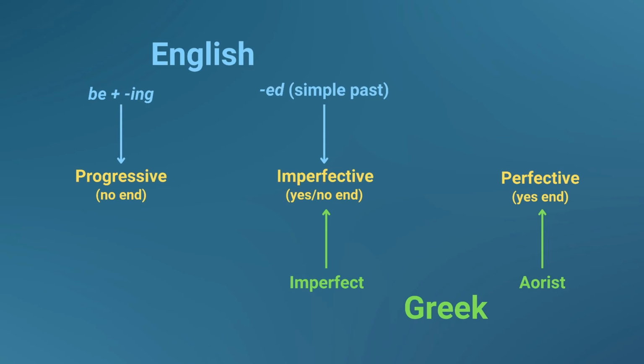Thus, the English progressive cannot refer to a temporal boundary, and the Greek aorist necessarily refers to a temporal boundary, and both languages have forms in the middle, namely the English simple past and the Greek imperfect. And both of these forms may or may not refer to a temporal boundary.